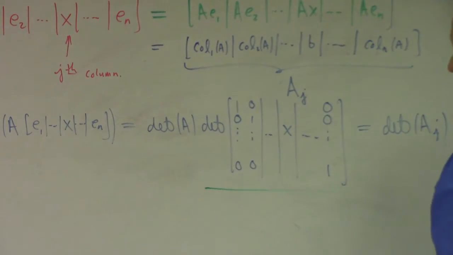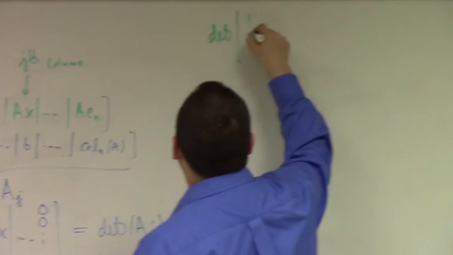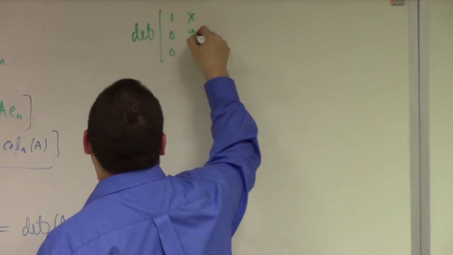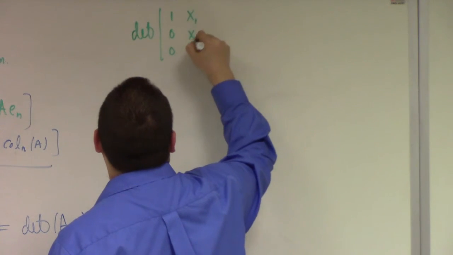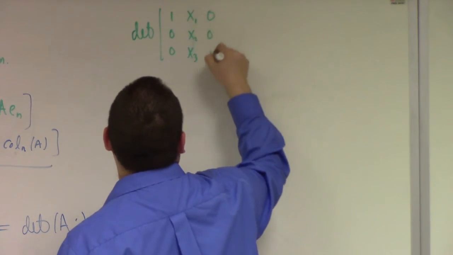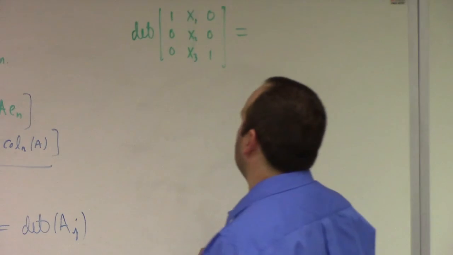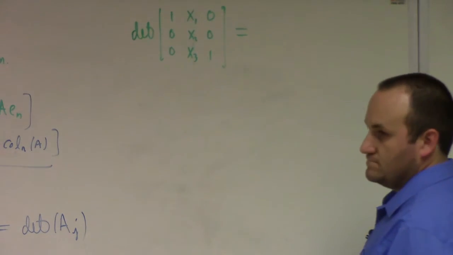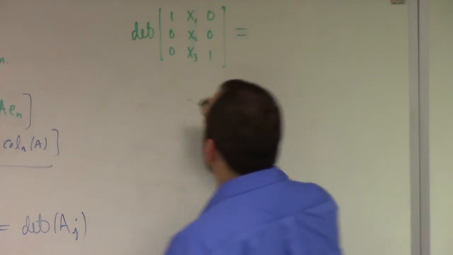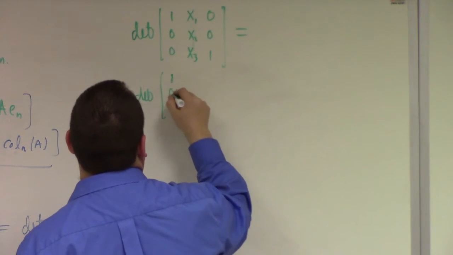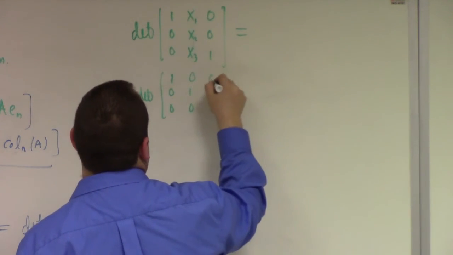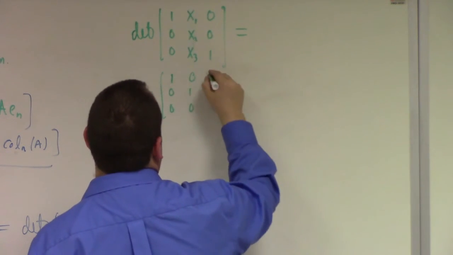Tell you what, let's just look at a 3 by 3 case to understand what it is. The determinant of, for example, 1, 0, 0, x1, x2, x3. This one's easier.